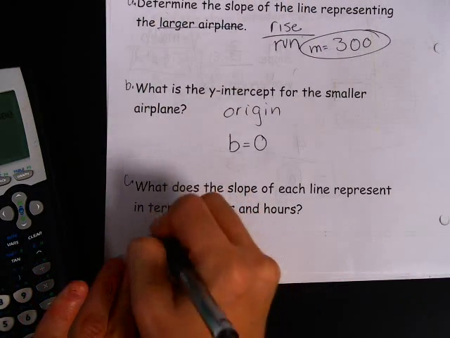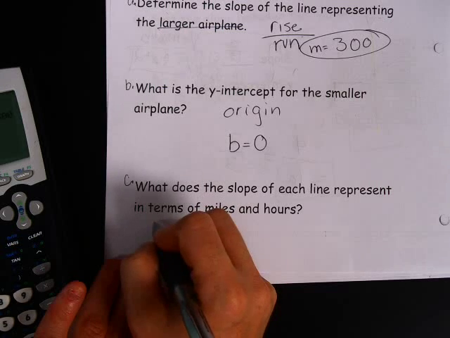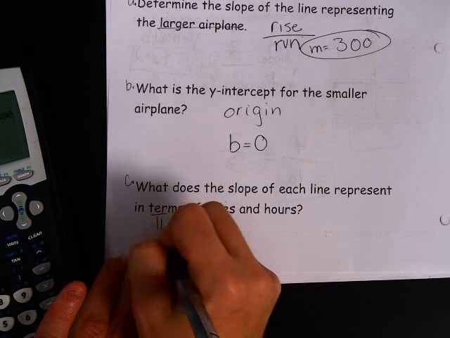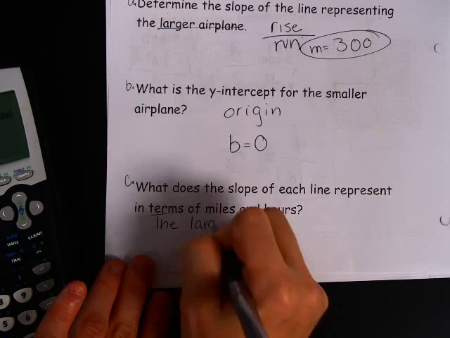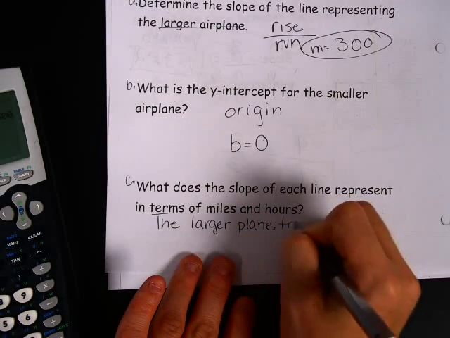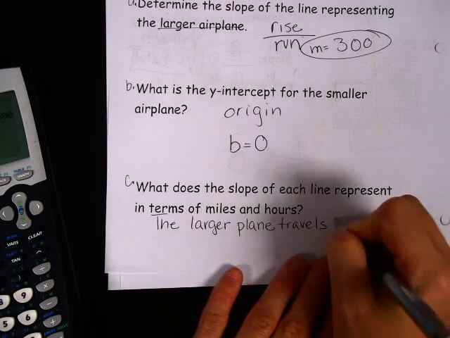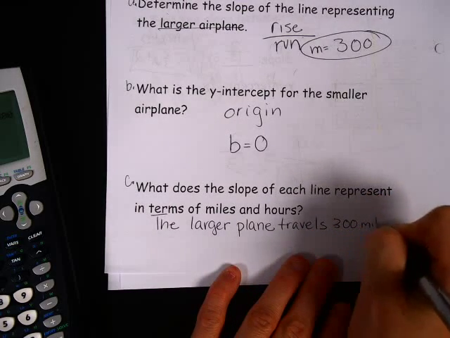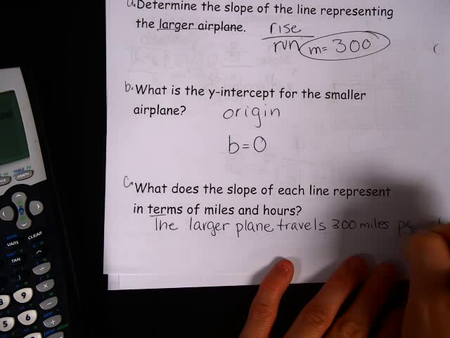So the larger plane travels 300 miles per 1 hour.